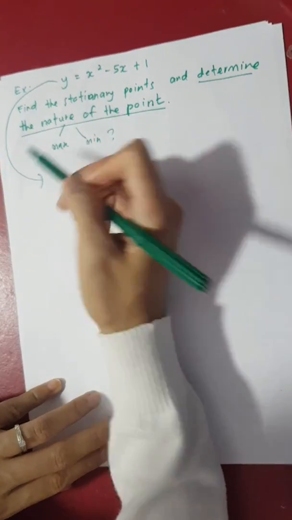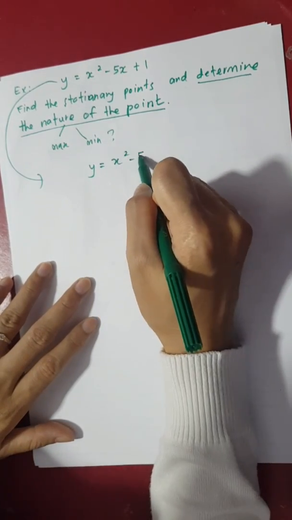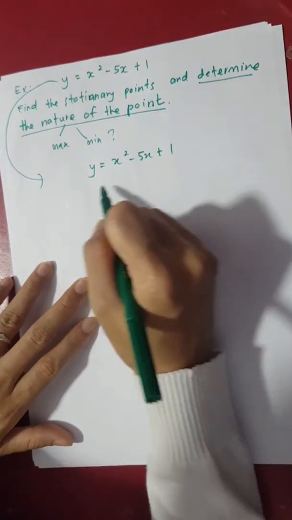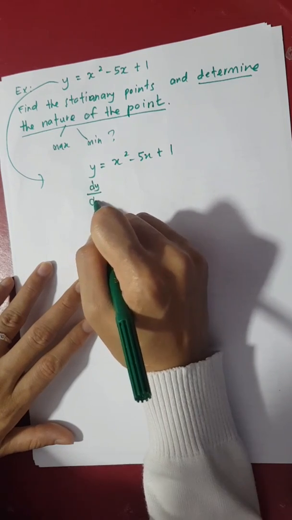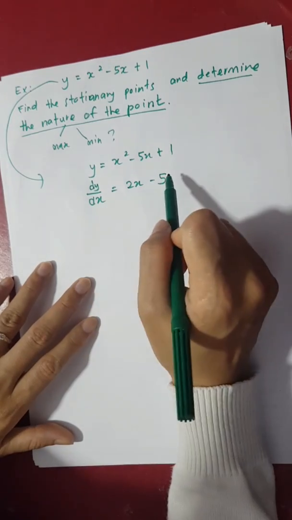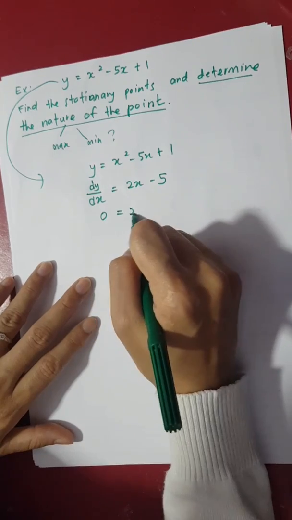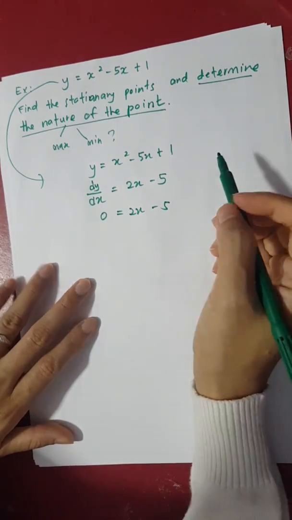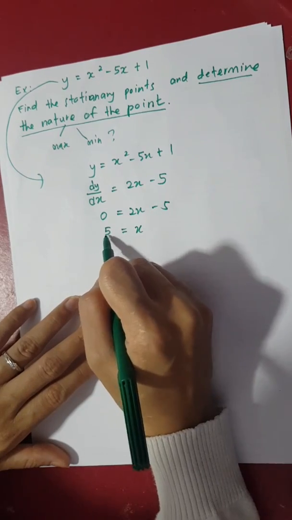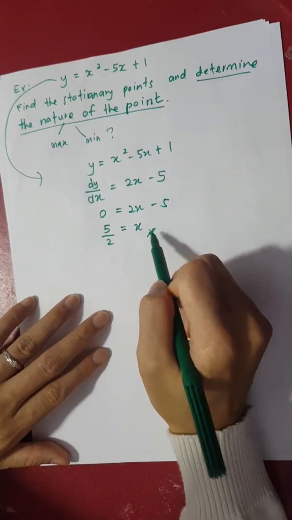So from the previous example, to find the stationary point, we have to differentiate your curve. Okay, this is the curve. So differentiate, dy/dx, you will get 2x minus 5. And you know that at a stationary point, gradient is always 0. So dy/dx is gradient. So gradient is 0. Solve to find your x. So you get 5 over 2. Okay. So now you have your x.